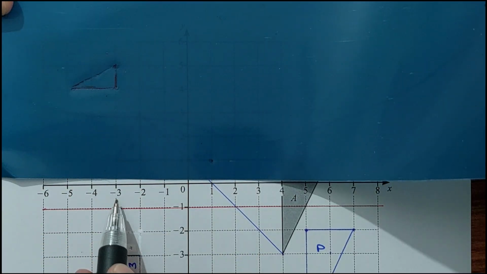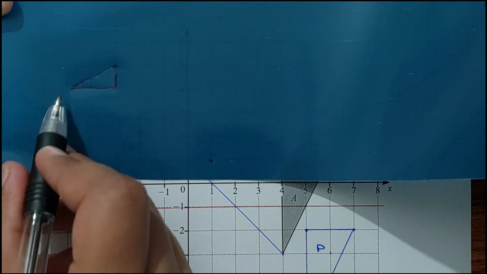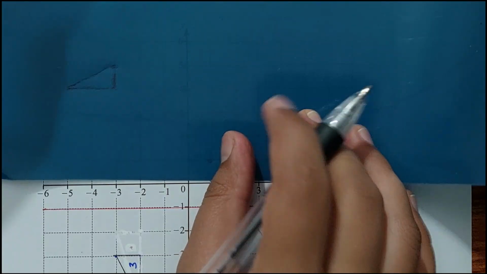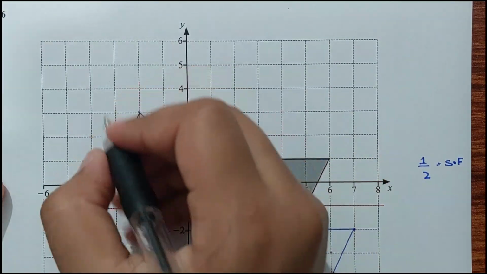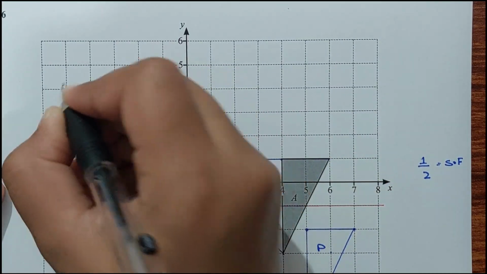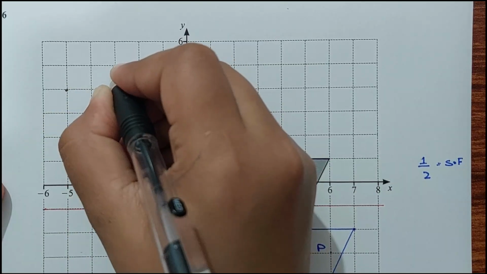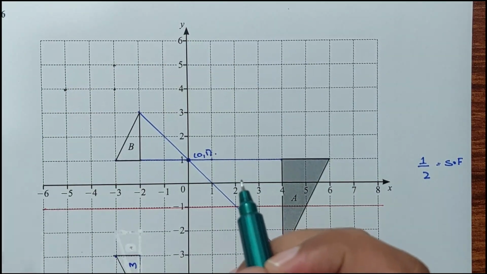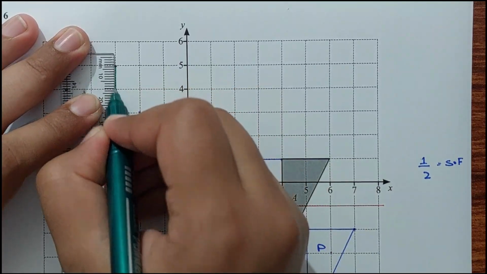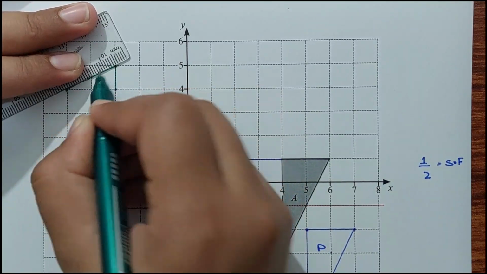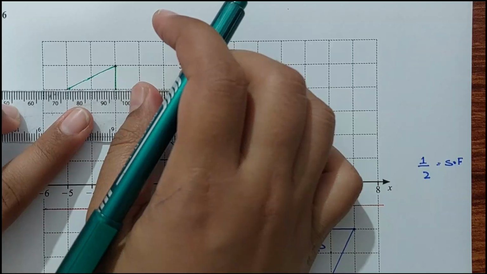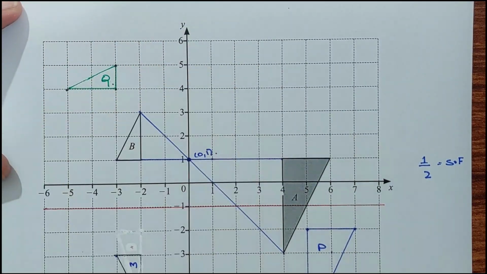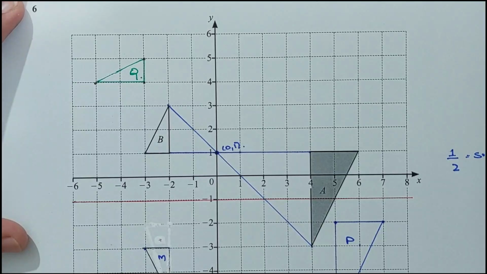So the coordinates are (-3, 4), (-5, 4) and (-3, 5). I hope this is clear now. This is triangle Q now. Let me name this triangle Q. We have done two transformations to get Q.